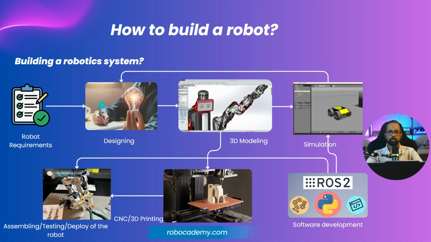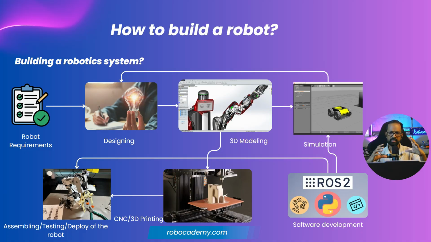A very important stage in building a robot is the designing of the robot. Designing actually involves many things. It involves what components can be used, what is the shape of the robot, what is the weight of the robot, what is the torque of the motors.